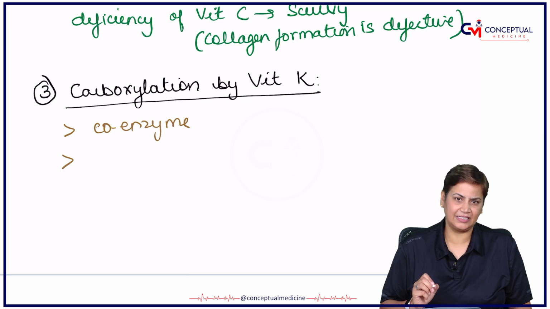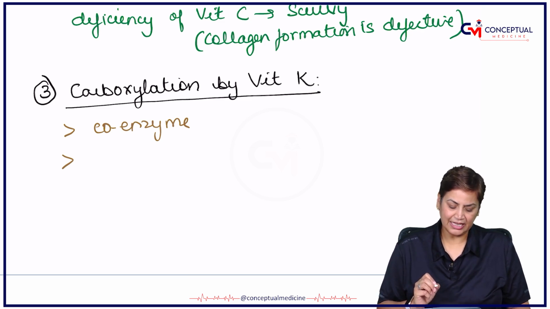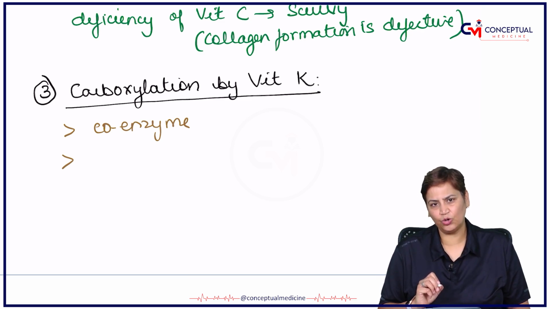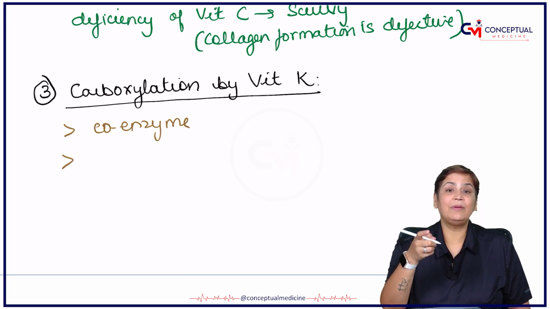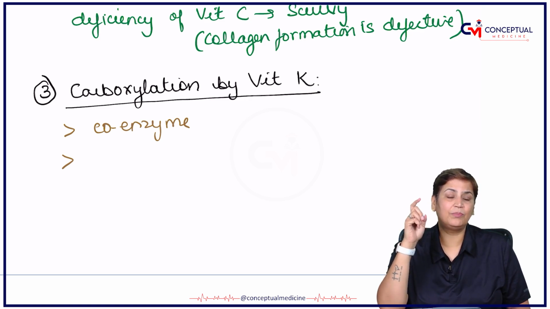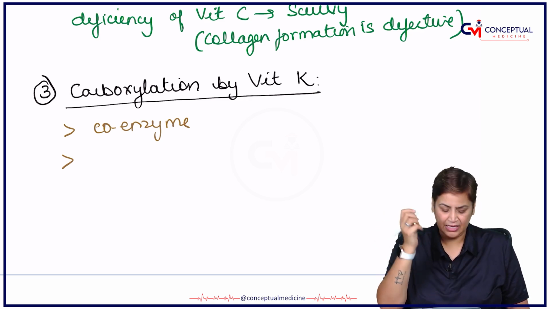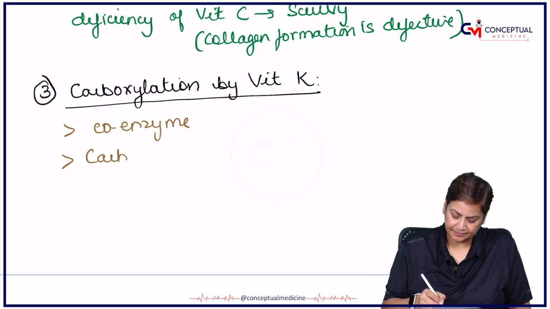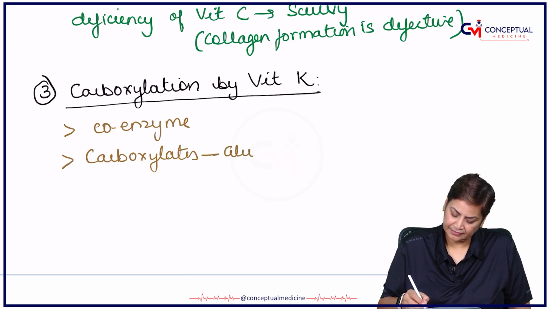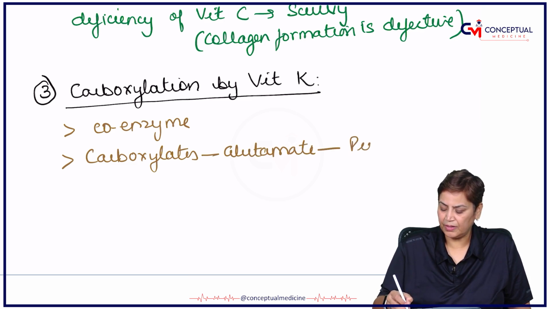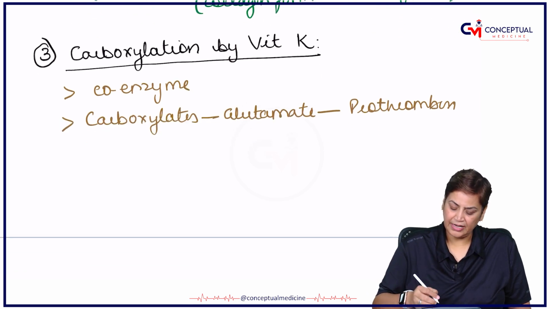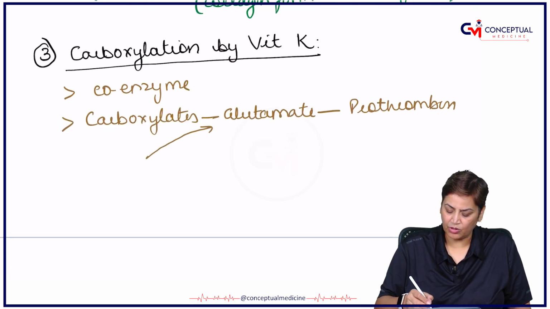It carboxylates, meaning it attaches a carbon dioxide or COOH group to the glutamic acid present on prothrombin. So it carboxylates glutamate present on prothrombin, where it is the gamma-carboxylation.